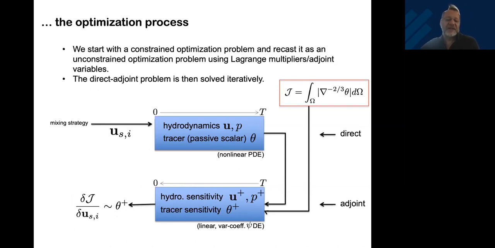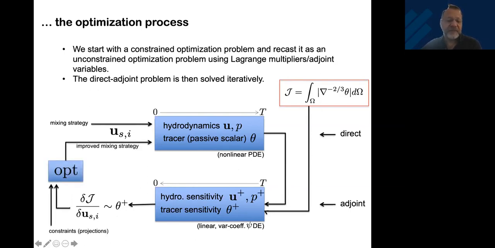Okay, so this comes out of that bottom equation, and then we use that outcome to stick that gradient into our favorite optimization scheme, slap on any more constraints that we have not satisfied yet, and then use that optimization scheme to give us a better mixing strategy.